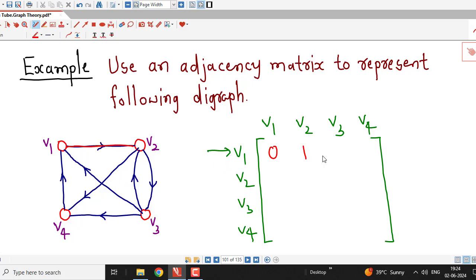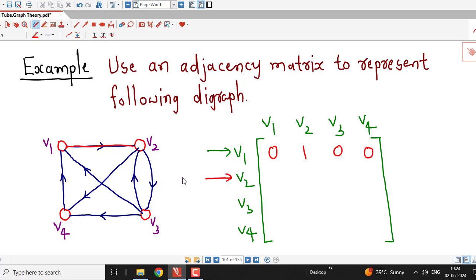Then from V1 to V3, there is no edge, so here I write 0. There is only one edge starting at V1 and that is going to V2. Then from V1 to V4, there is no edge also.